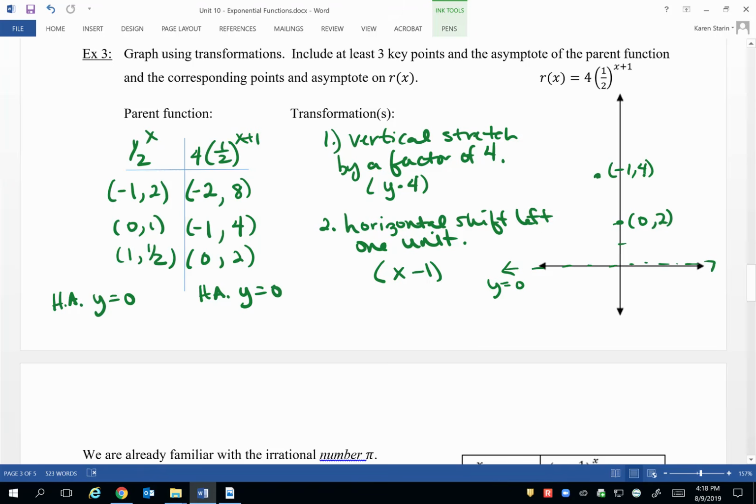And then we have -2, 8, which my scale might not be great, but let's say it's about there. And then you just carefully have to give this decreasing ramp as we try to catch these points, and we'll level out at the x-axis because that is our horizontal asymptote.